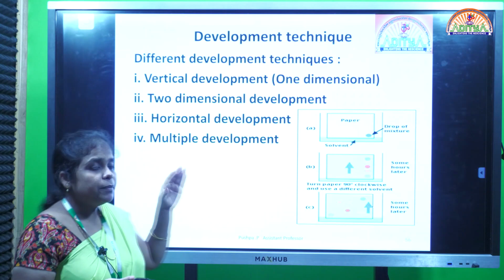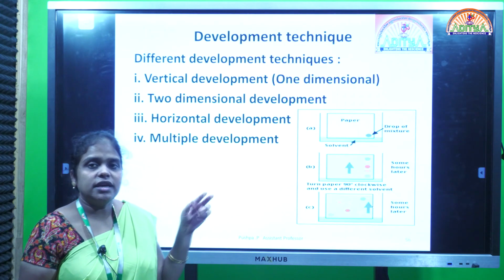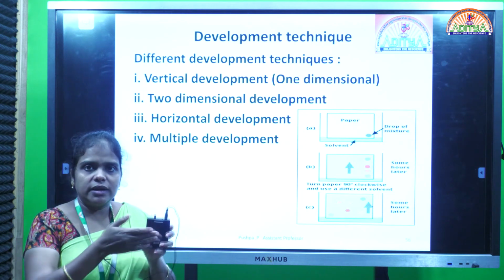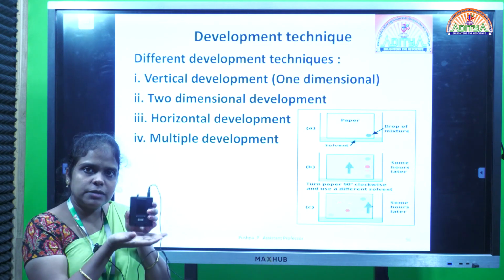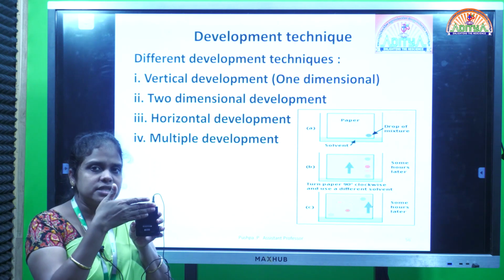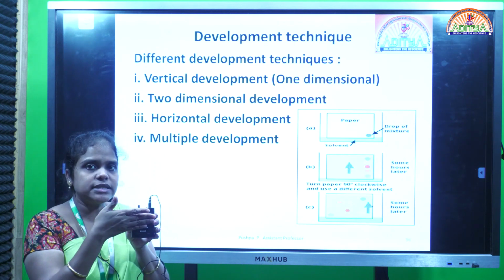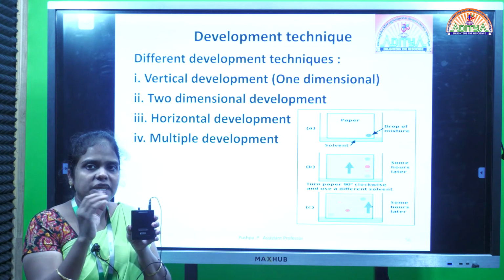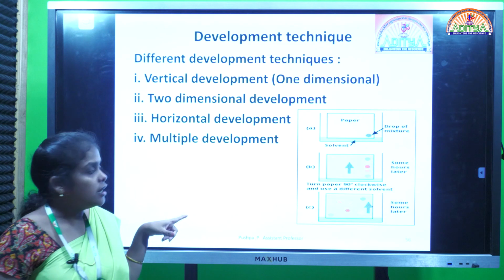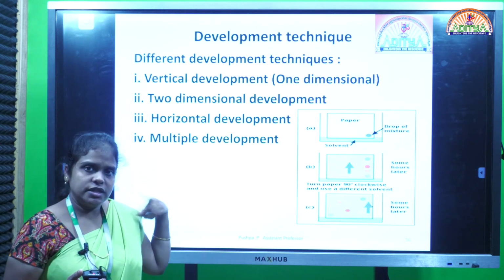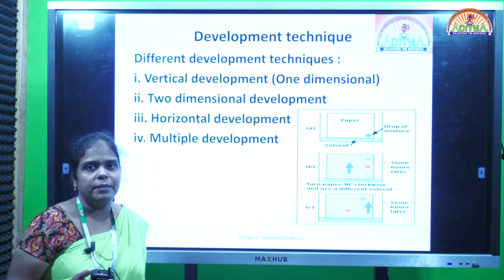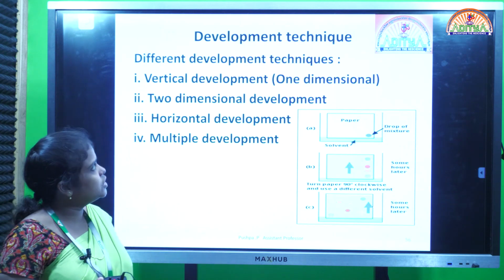That development or elution technique is of 4 types. Elution means movement. Whenever we place the TLC plate in the development tank, the elution or movement of the sample will take place. That elution or development is of 4 types: the first is vertical or one-dimensional; next, horizontal, which is also one-dimensional; and then two-dimensional and multiple development. The name itself denotes it.